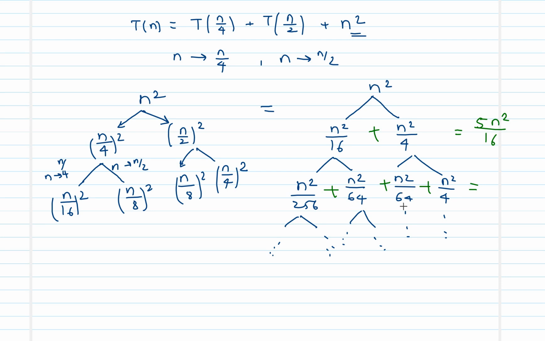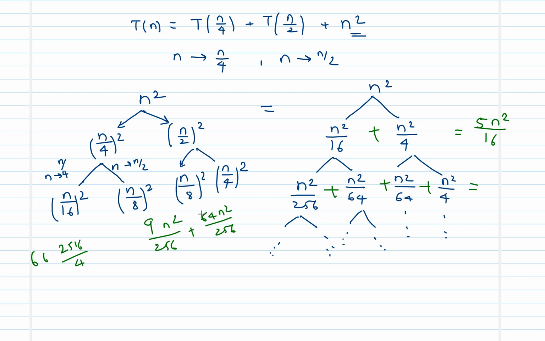So 4n square by 64, 4n square by 64, that is 4n square by 256, 4n square by 256, that is 8n square by 256, plus 1n square, that is 9n square by 256. And when I have base 4 here, just divide 256 by 4: 4 sixes are 24, and 64, so plus 64n square by 256.